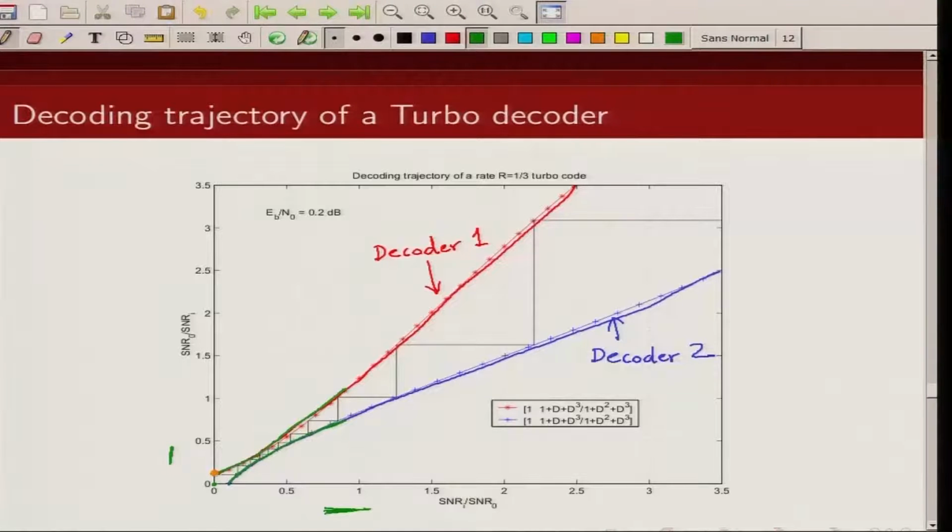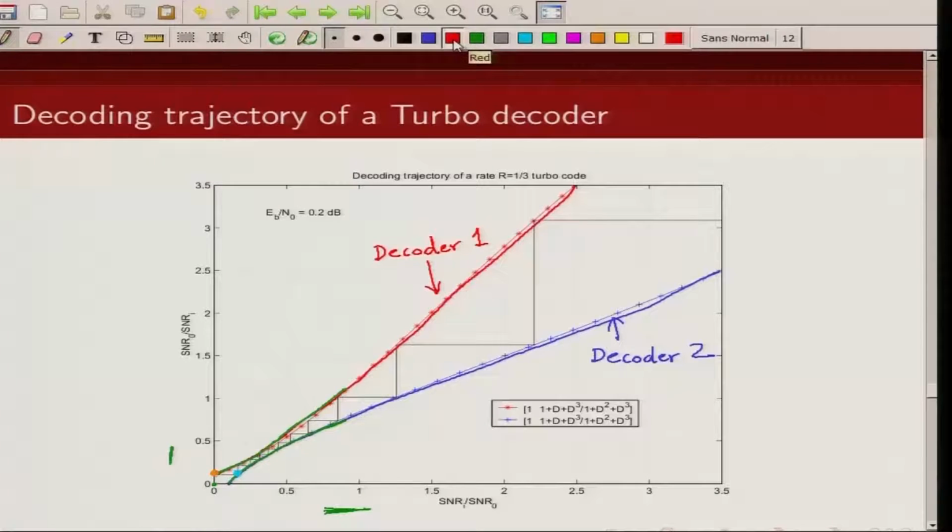This is the point, the SNR out corresponding to decoder 2. Now, this extrinsic information is fed as a priori information to decoder 1, so we look at the decoder 1 transfer characteristics, and this is the point.